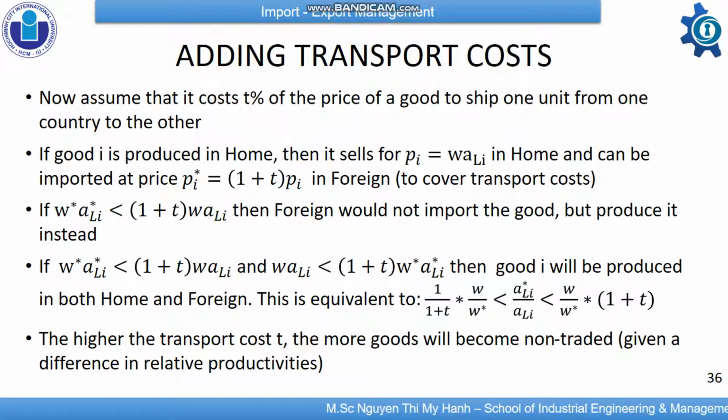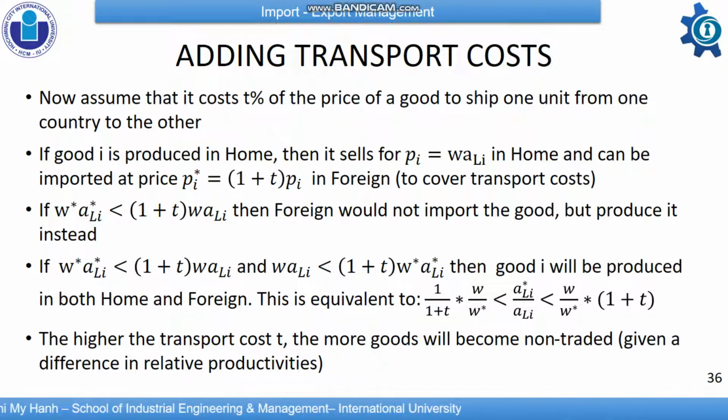So far we just considered international trade based on the relative demand and relative wage rate. However, we didn't consider the transportation cost.